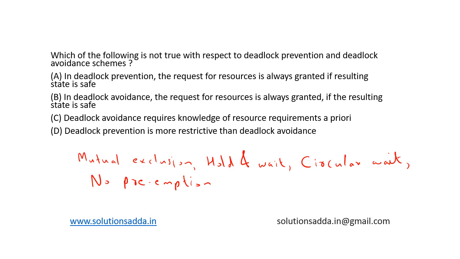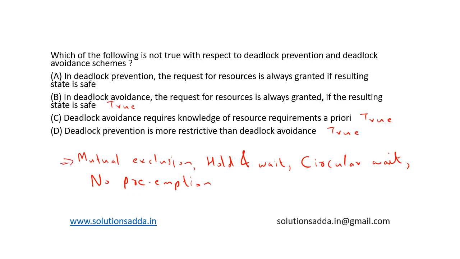In deadlock avoidance, the request for resources is always granted if the resulting state is safe. Yes, this is true. Deadlock avoidance requires knowledge of resource requirements a priori. Yes, we need to know how the resource is requested in advance to perform deadlock avoidance. Deadlock prevention is more restrictive than deadlock avoidance. This is also true because here we are trying to avoid or break these four conditions.